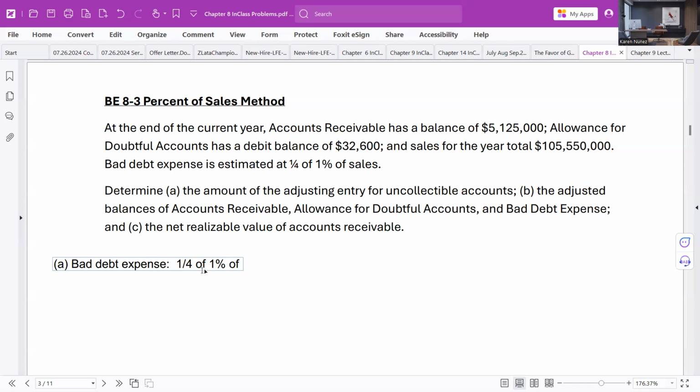What does that equal? Well, a quarter is 0.25, and 1% is 0.01. And the sales are given. I'm sorry, sales are 105,550,000.